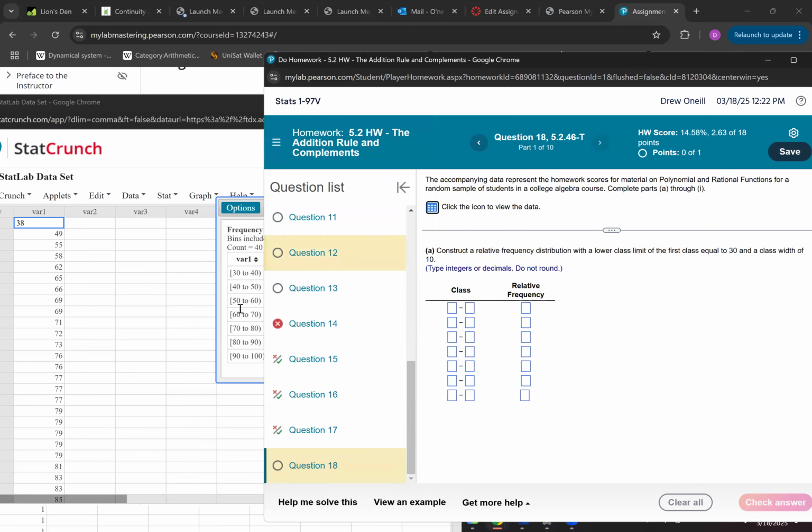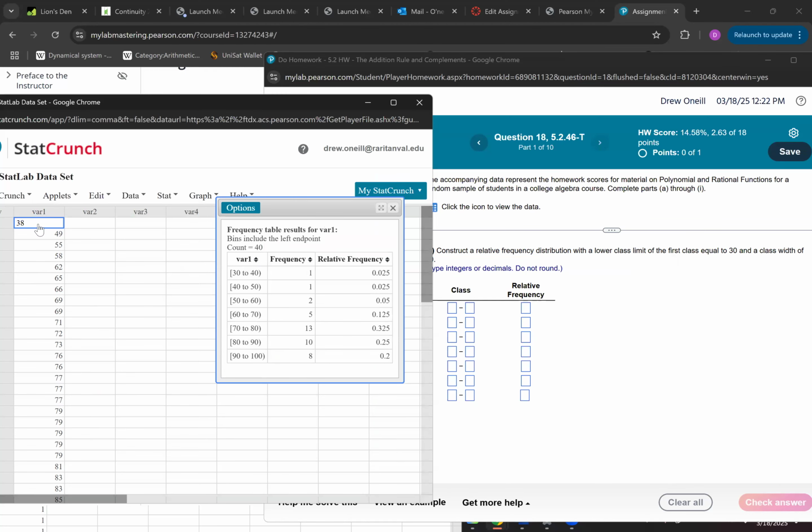What Statcrunch is doing, if you want to see, is sifting through all this data. It's counting every time a number is between 30 to 40, 40 to 50, and then it adds up all the frequencies, and for each row, it finds the relative frequency of each one, okay? So Statcrunch does all that for us. We just enter it in here, okay? Make sure though for the class, you don't put 30 to 40, you put 30 to 39 and 40 to 49 and so on.